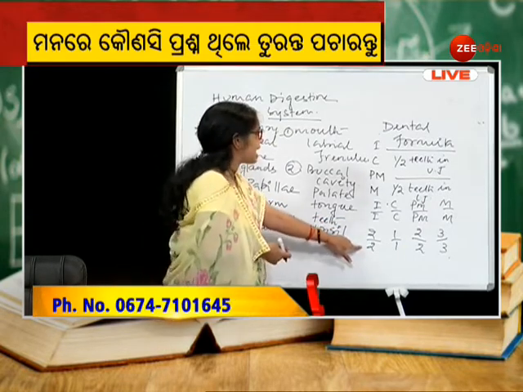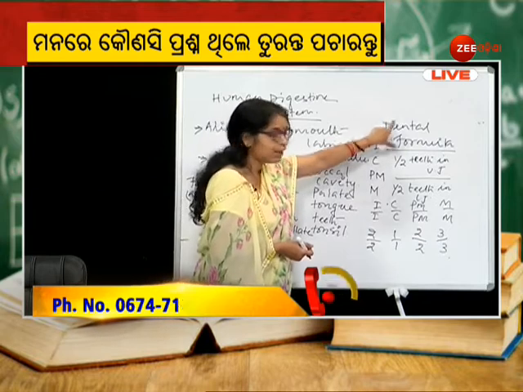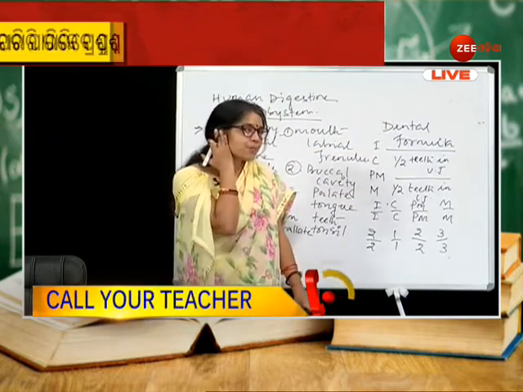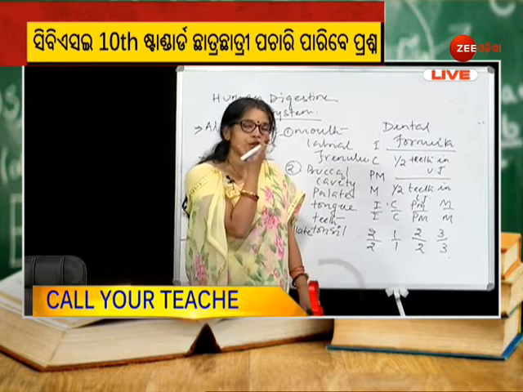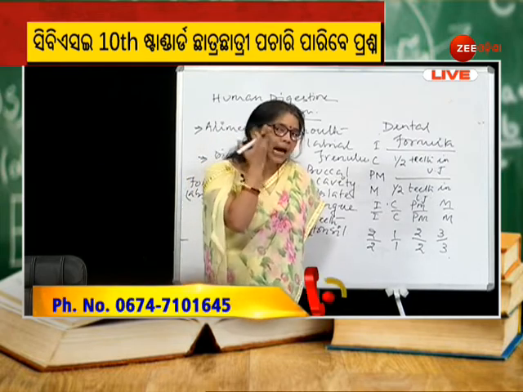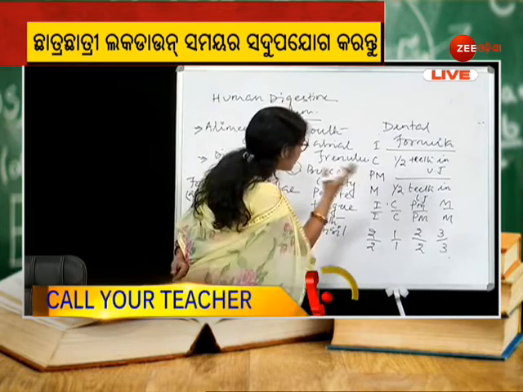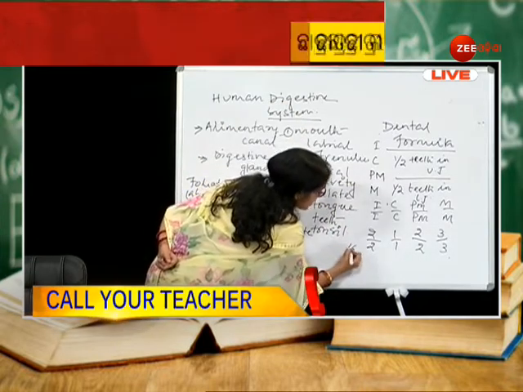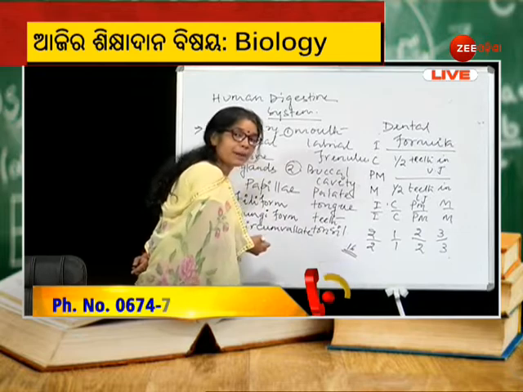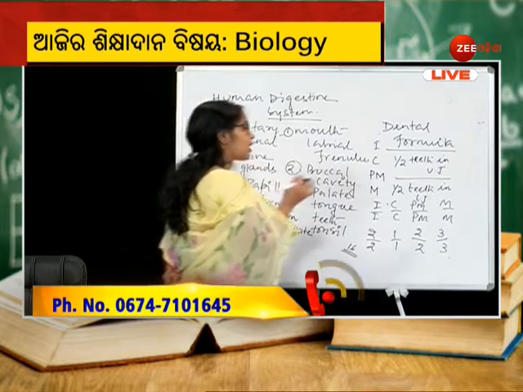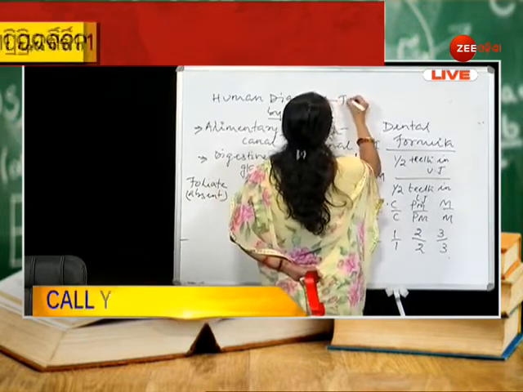It indicates that the dental formula shows the total number of teeth present in half of the upper jaw plus half of the lower jaw, which is 16 in case of an adult individual. So how can the total number of teeth be calculated?